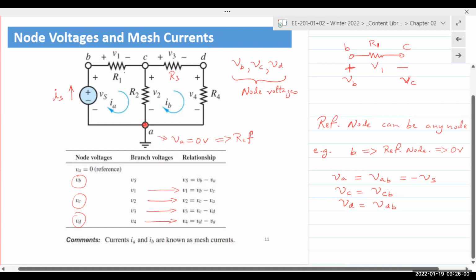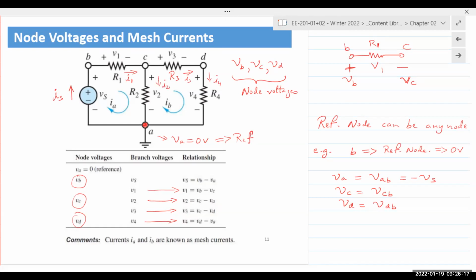Current flowing through R1, I could label as I1. I3, I4, and I2.